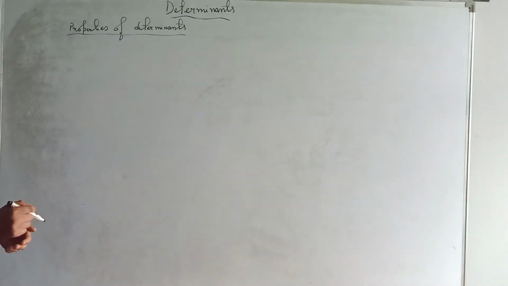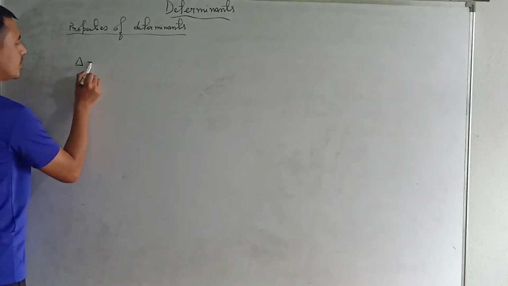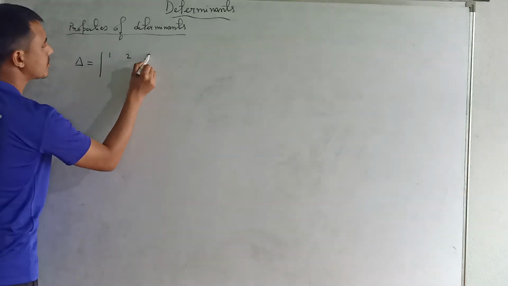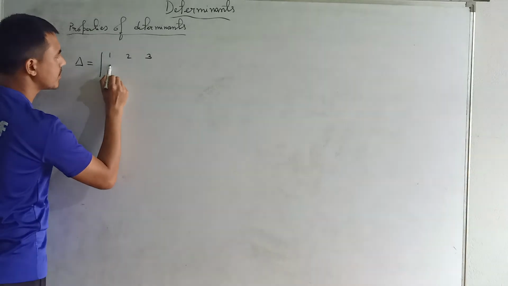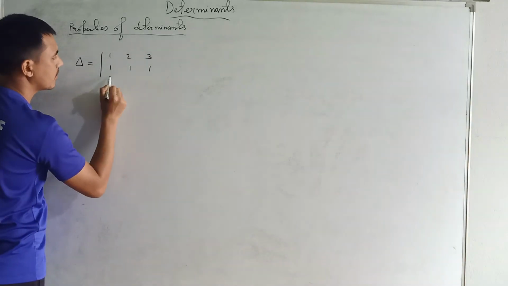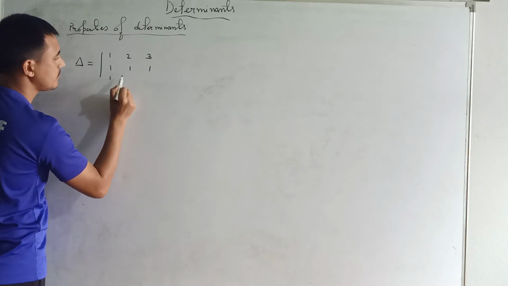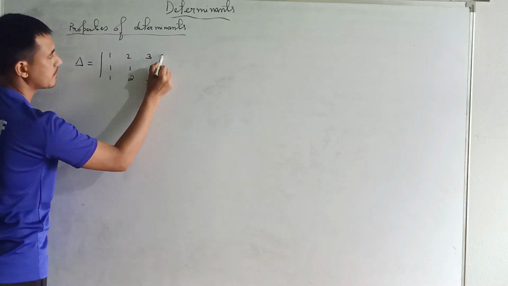your determinant becomes 0. Example, your determinant is 1, 2, 3; 1, 1, 1; and 1, 2, 3 again.